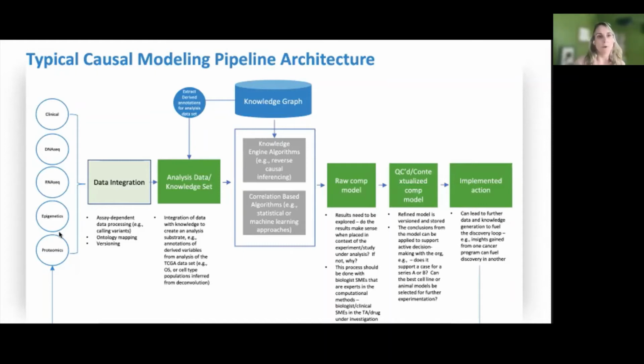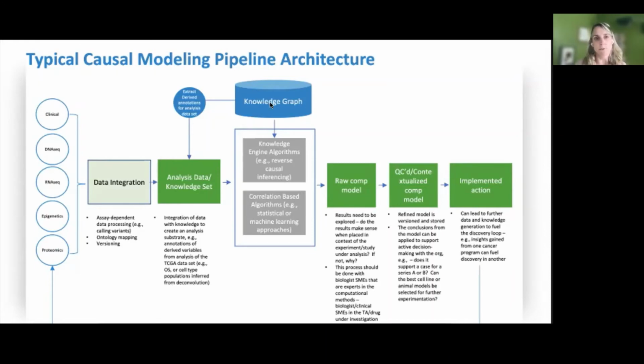There's always a process of data integration, quality control, transformation, and then after that, that is transformed into what I would call a data set that is analysis ready. So you may have extracted only the data points that you need, and they have been appropriately transformed to be able to go and do whatever mathematical modeling approach that you want to take.